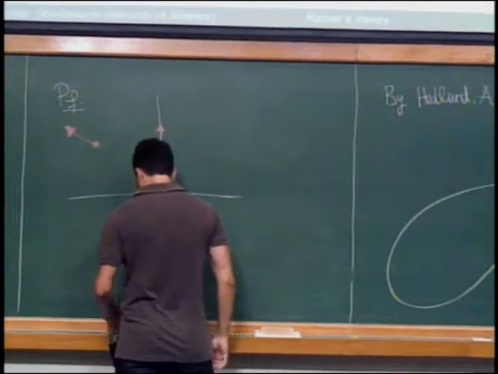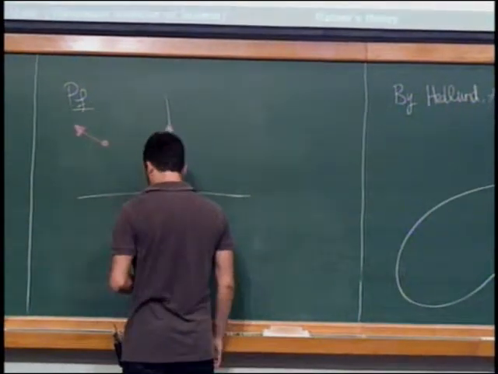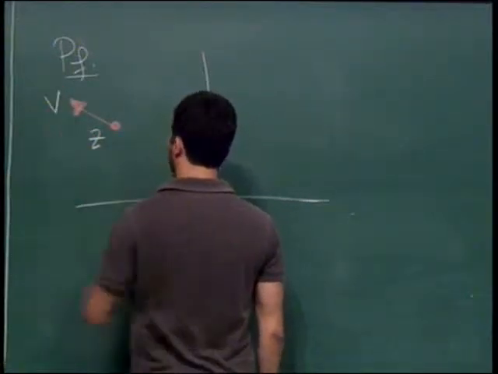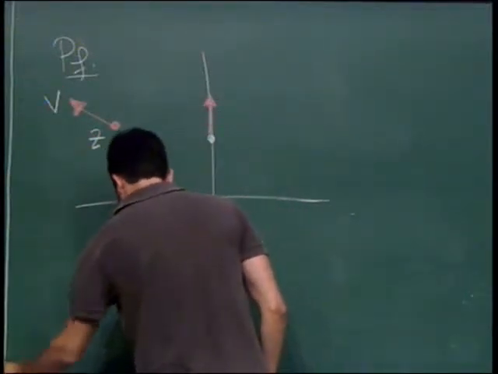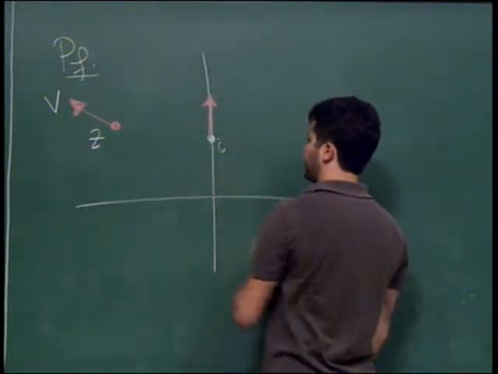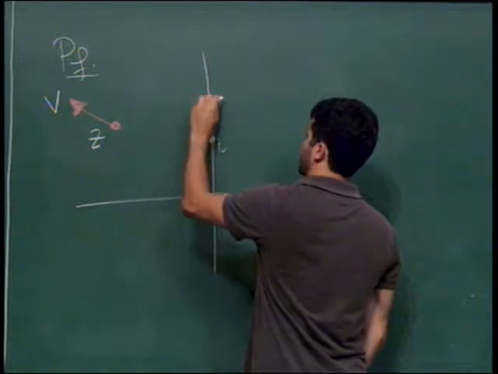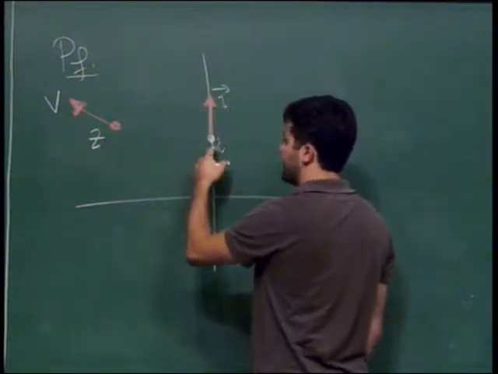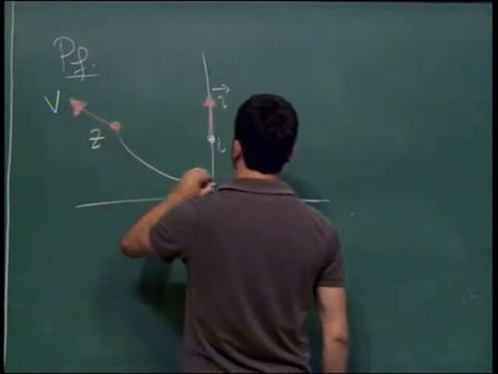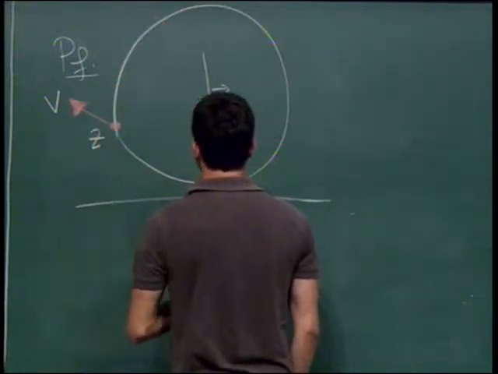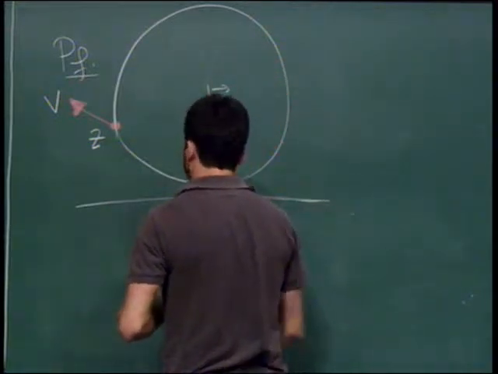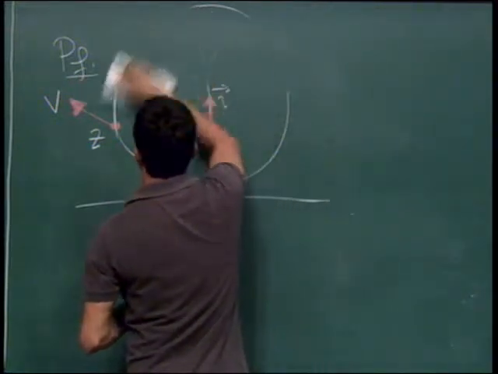So take any vector in the unit tangent bundle here, let's say with base point Z, and draw the circle which has center in I and passes through Z. So this is a circle like this. Something like that. Let me draw this again.